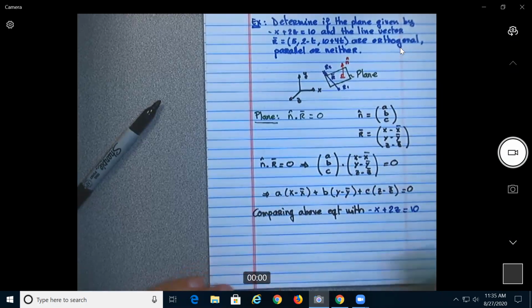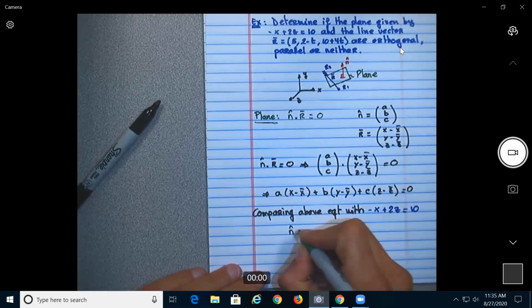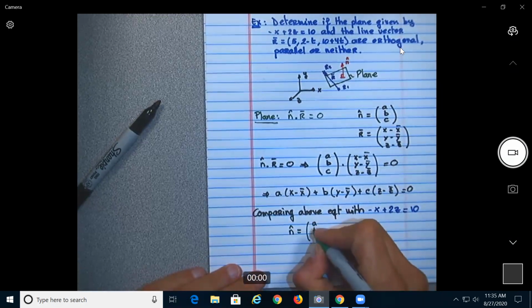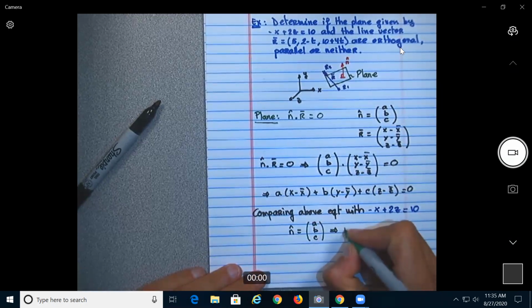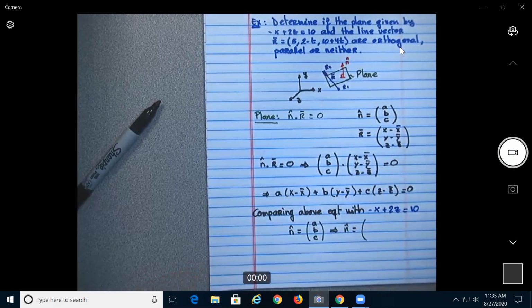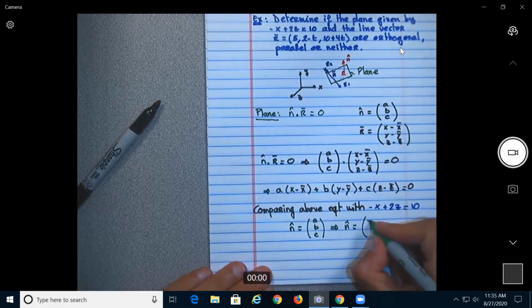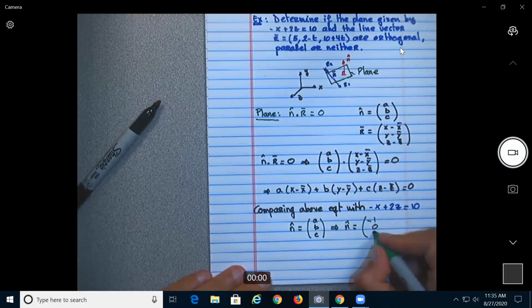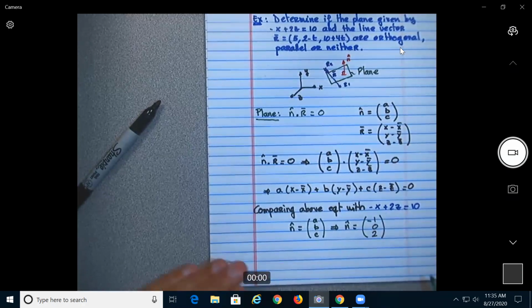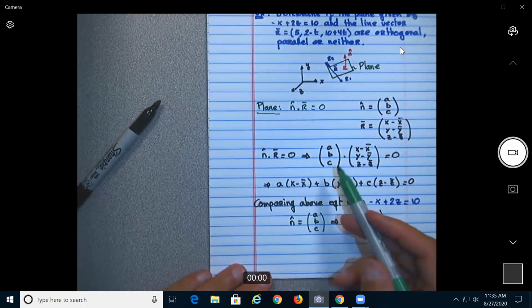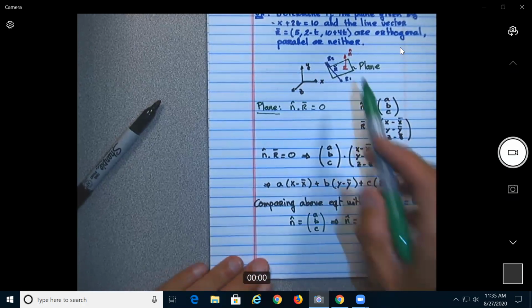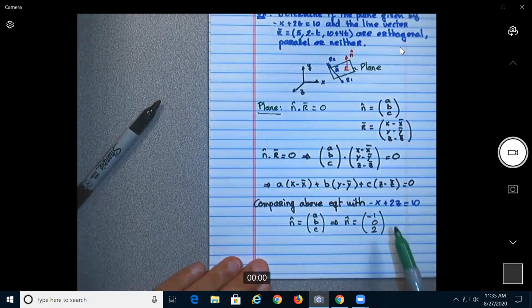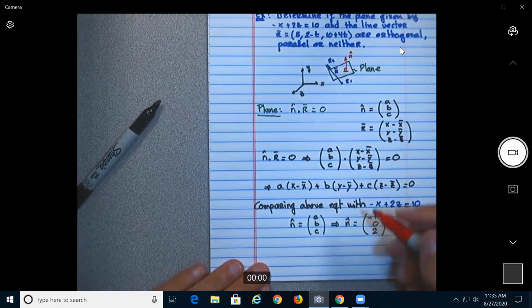What are you going to have? n, which is equal to (a, b, c), will be equal to what? a will be equal to -1. Okay. b will be equal to 0. And c will be equal to 2. All right. You do not have to do all this stuff, but for the first time, I'll show you the way it's coming from, no? But once you have experience, you can just go straight from here to here. All right. So we know n.